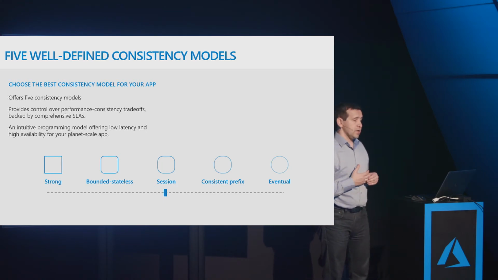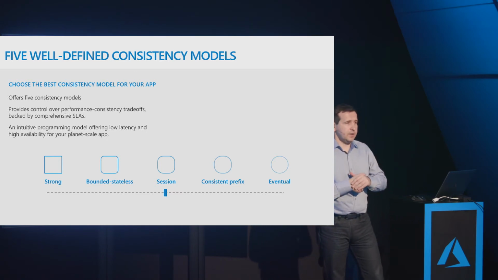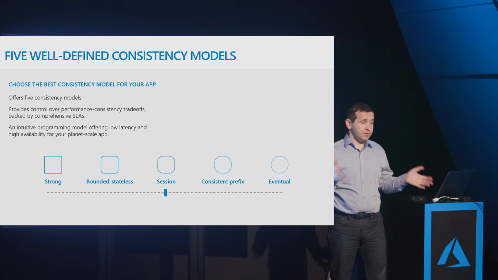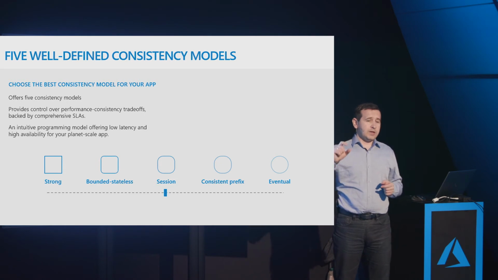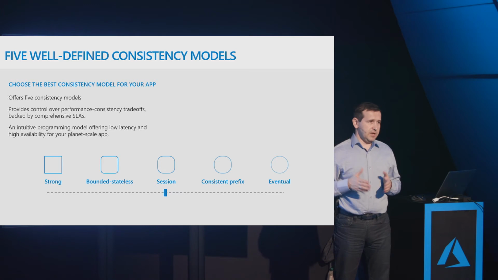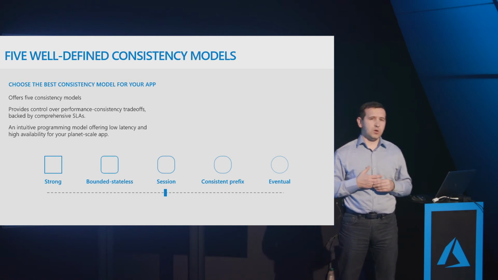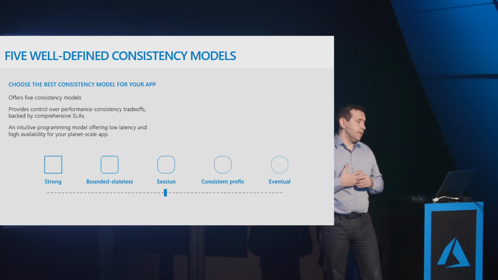The other 2 that we support are bounded staleness, which is something in between strong and session. Essentially, it gives you strong consistency, but within a certain period of time or certain number of updates of the data. So a certain interval of time defined by you, or a certain number of updates or prefixes, as we call them, defined by you on the portal.